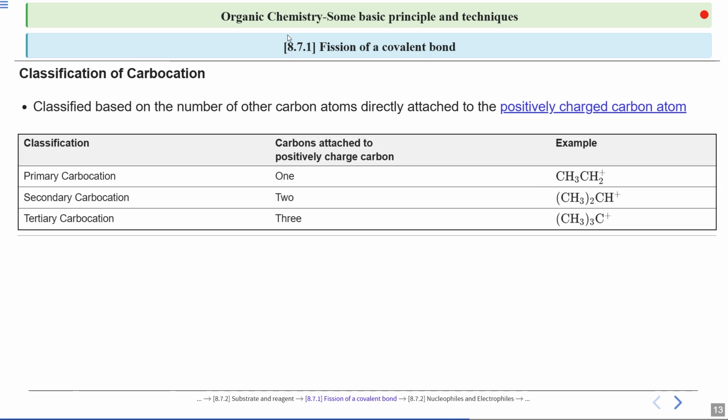Starting with the primary carbocation, it has a CH3CH2 plus example where the positive charge containing carbon has only one carbon attached to it directly. In the secondary carbocation, there are two methyl groups, or two carbons, attached to the positive charge containing carbon. And in the tertiary carbocation, three carbons are attached to the positive charge containing carbon. Therefore they are classified as primary, secondary and tertiary.